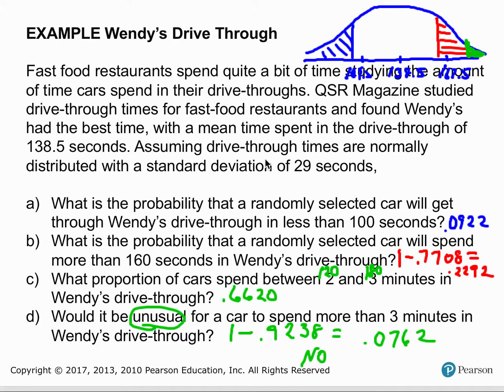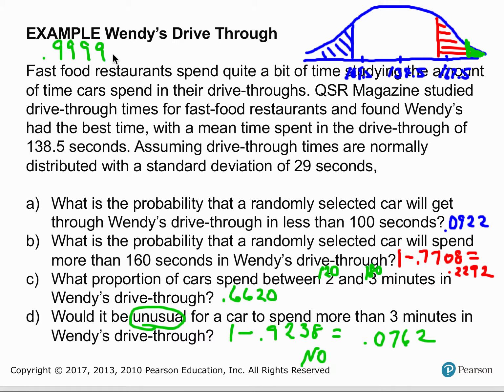However, the area will be some value slightly less than 1. So if your calculator ever gives you a value of 1, your actual answer is really going to be 0.9999. Notice how that rounds to 1.